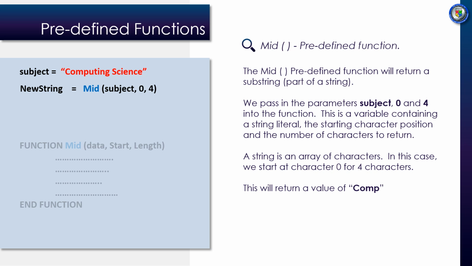Once these are passed into the function, the predefined function will execute the code. It will produce a new value and return that new value to the expression to be assigned to the variable new string.